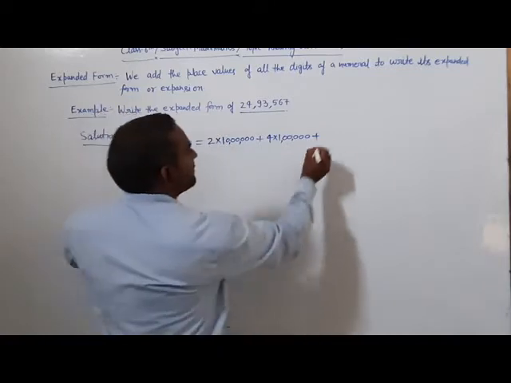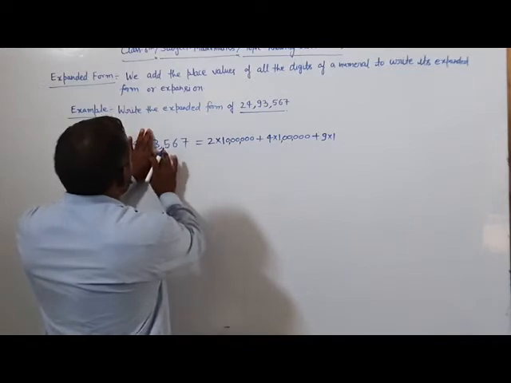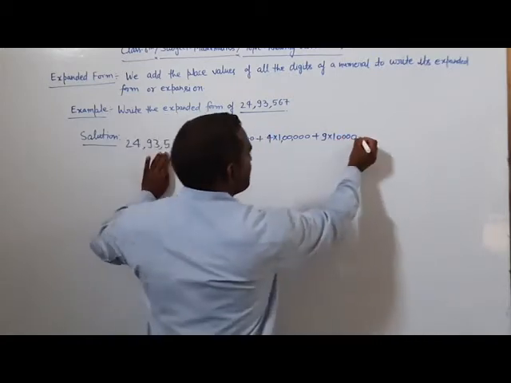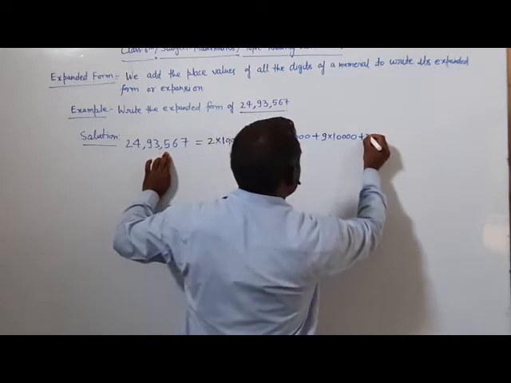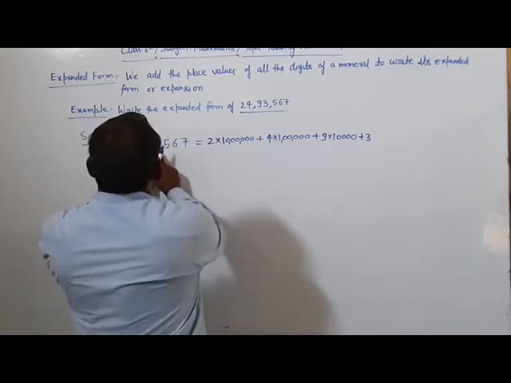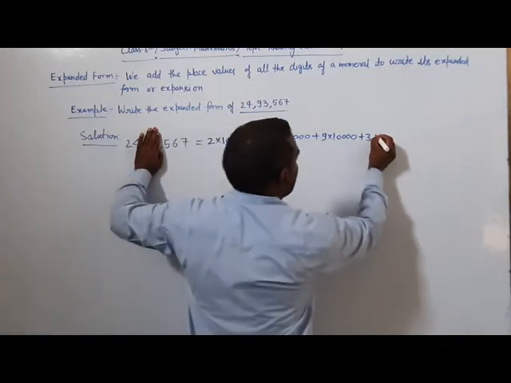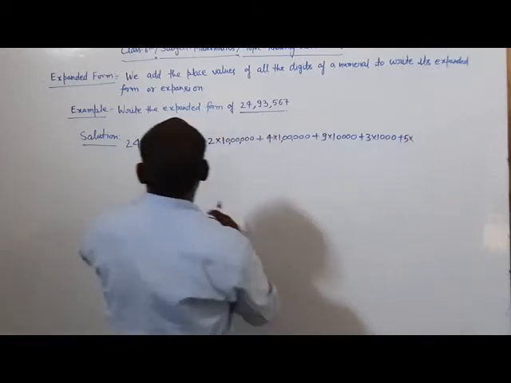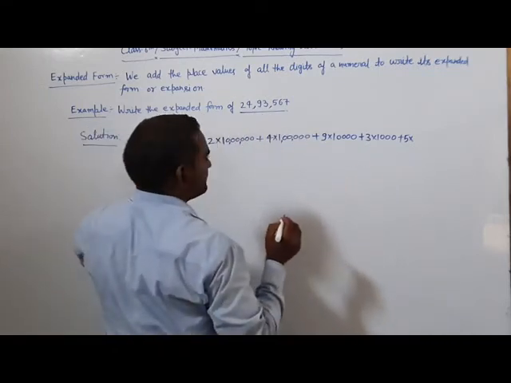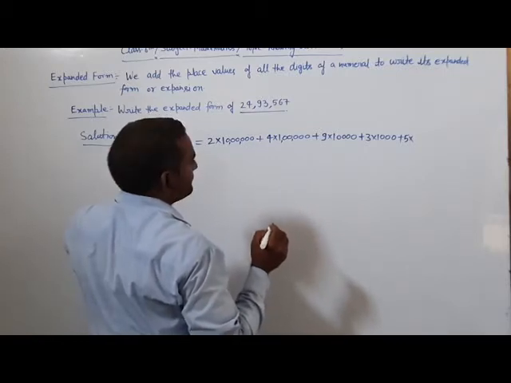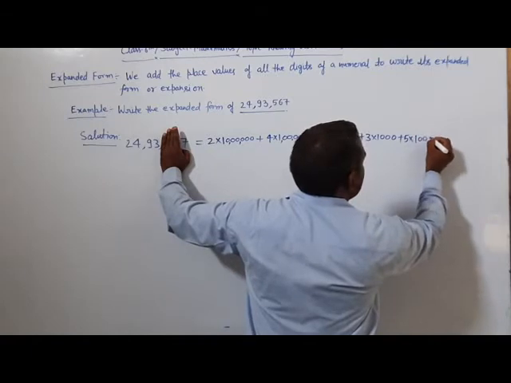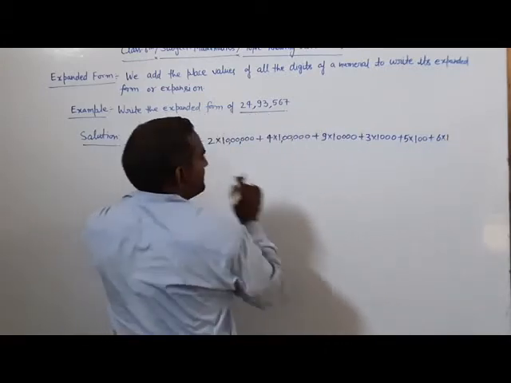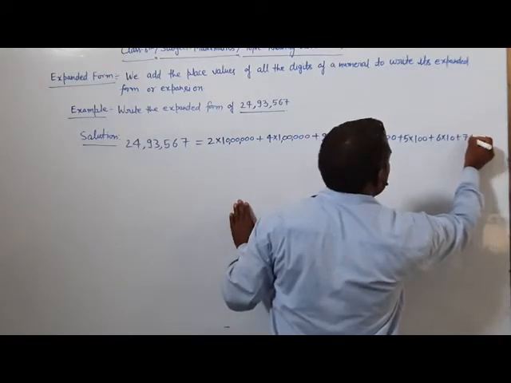Plus 9 into 1, after 9 how many digits? 1, 2, 3, 4, so 4 zeros, plus. 3 after 3, how many digits? 1, 2, 3, plus. 5 into, after 5 there are 2 digits, plus. 6 into 1, how many digits after 6? 1 zero, plus 7 into 1.